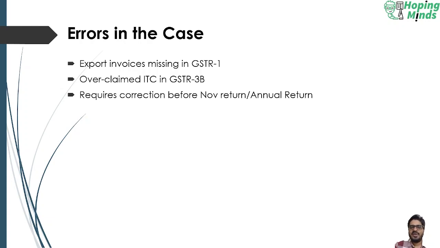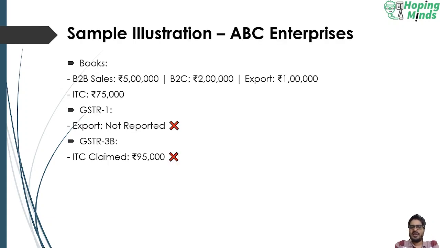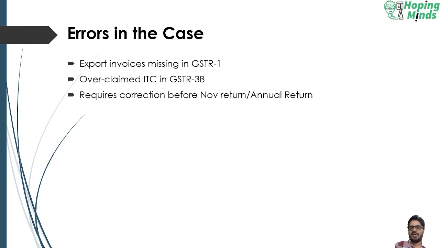Then we can see there is an overclaim of input tax credit amounting to rupees 20,000. Such excess amount that has been claimed must be reversed in the subsequent period. Such a reversal in the subsequent period will attract interest thereon.